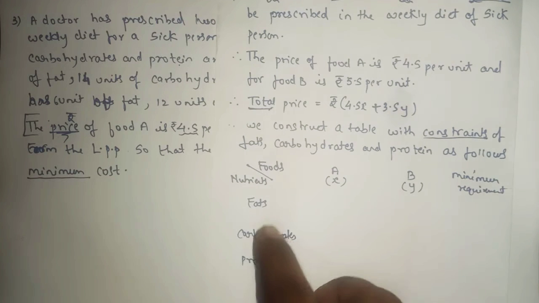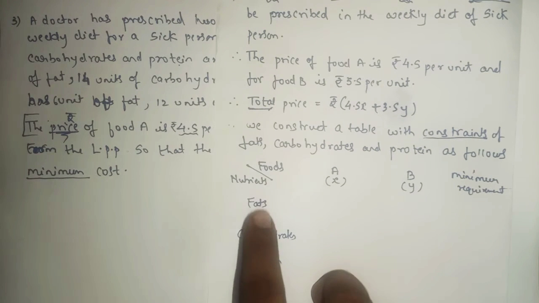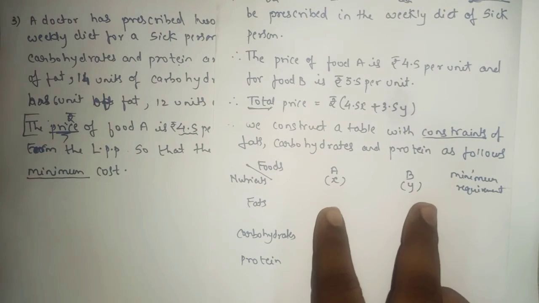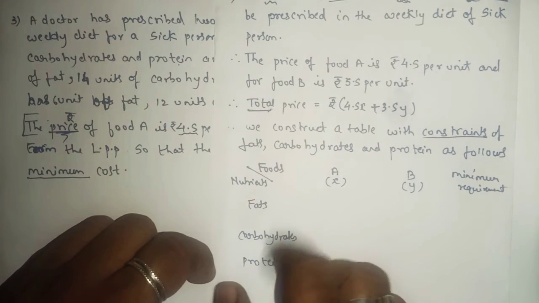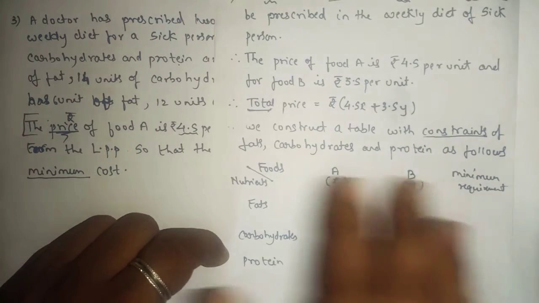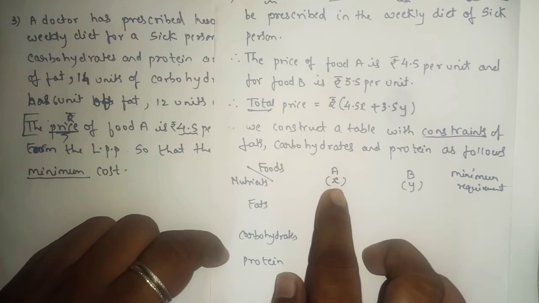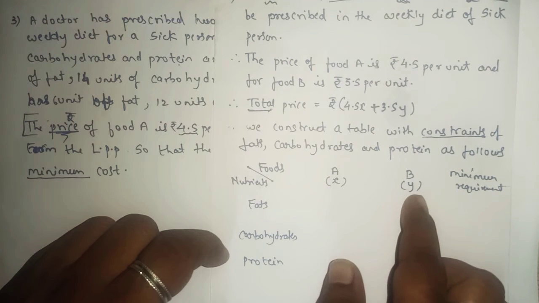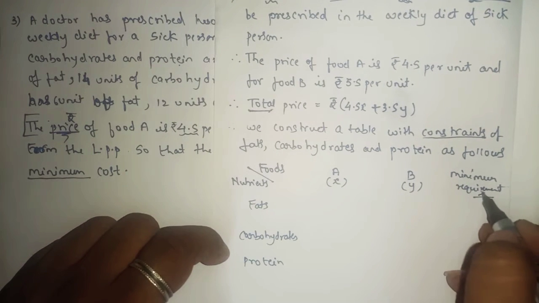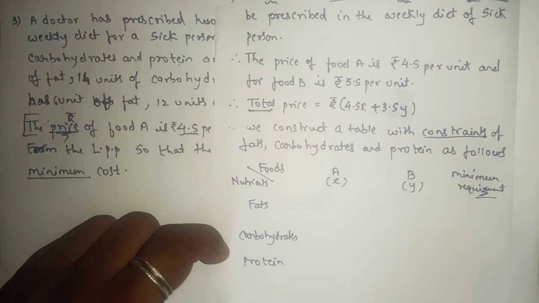So we cannot take X for fat, Y for carbohydrate and Z for protein, since the equation would be in three variables. From there also you will get the idea about which part to consider as X and Y. So for this sum, food A will be X and food B will be Y, as the whole sum is based on the minimum requirements, and minimum is greater than or equal to, maximum is less than or equal to.